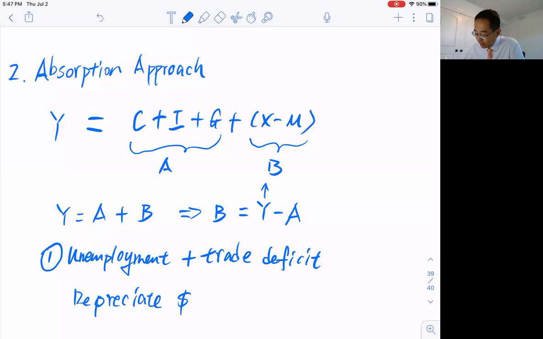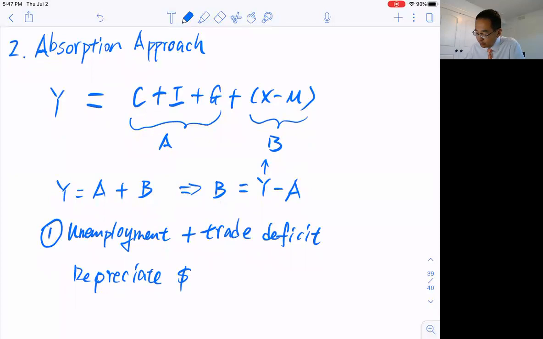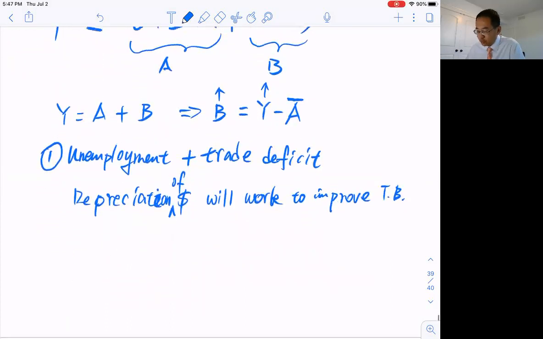But nonetheless, with the unemployment situation, Y can increase while A does not have to change, or changes just a little. Let's say it doesn't change much, then our trade balance can indeed improve. So depreciation of the dollar will work to improve trade balance.